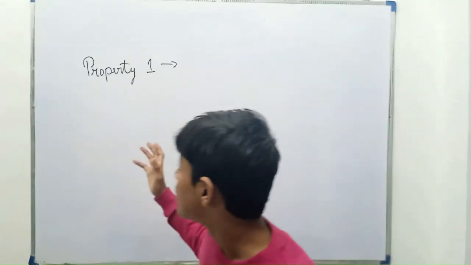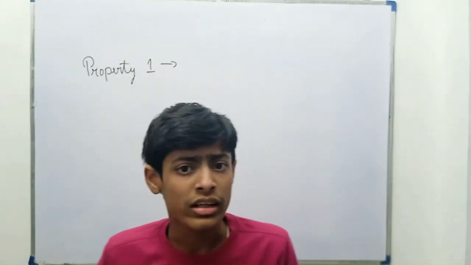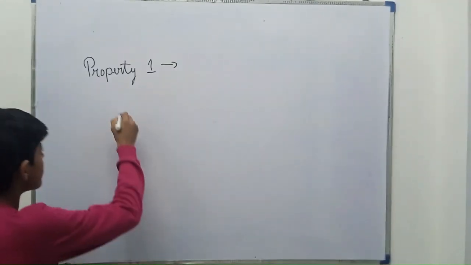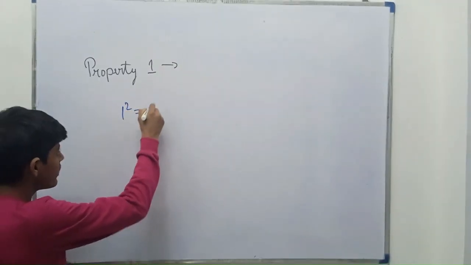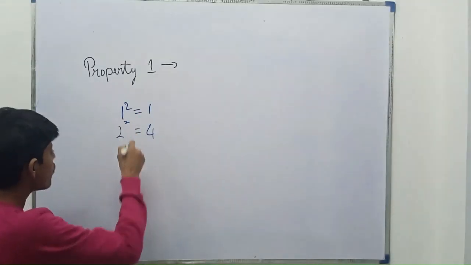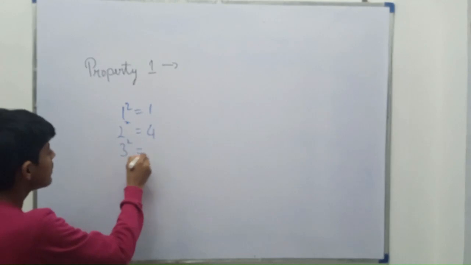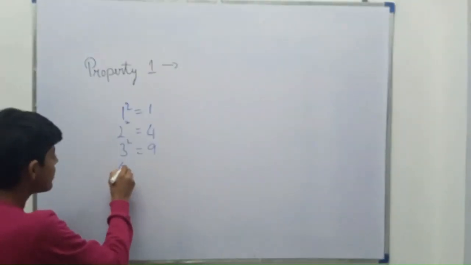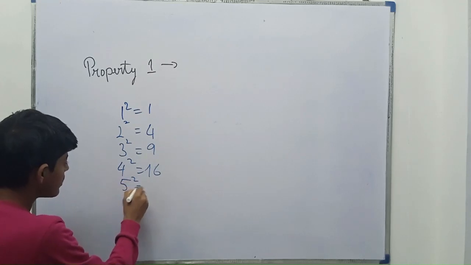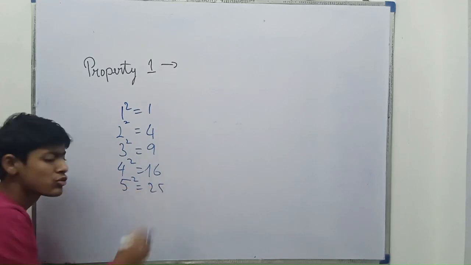So the first property: for example, the square of 1 is 1, 2 squared is 4, 3 squared is 9, 4 squared is 16, 5 squared is 25, and so on.